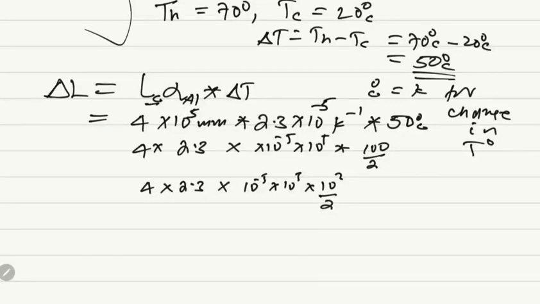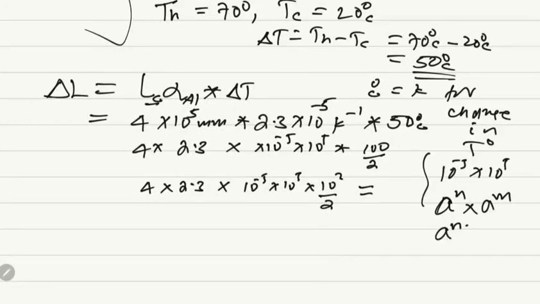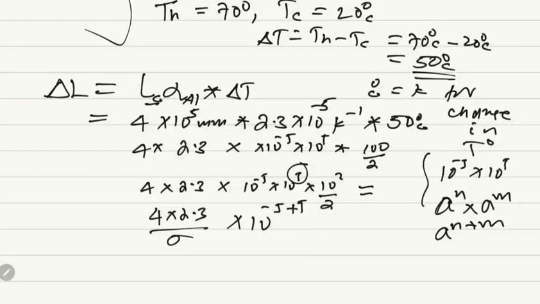Okay, so you can simplify this. Any number a to the power of n times a to the power of m is a to the power of n plus m, you add the powers. So here you can bring the 2 here: 4 times 2.3 over 2 times 10 to the power of minus 5 plus 5 plus 2.